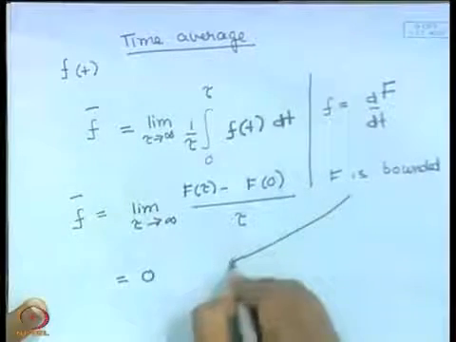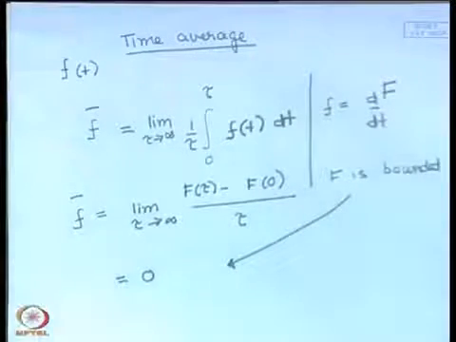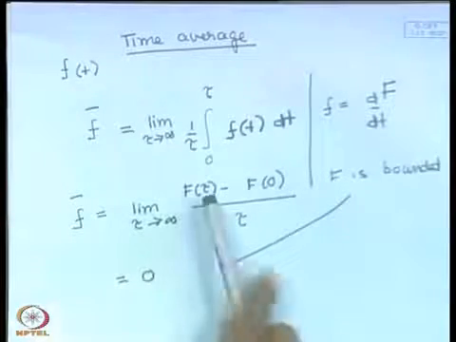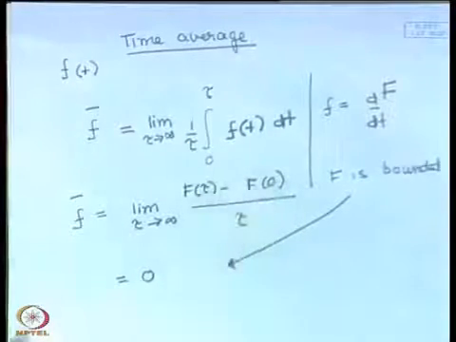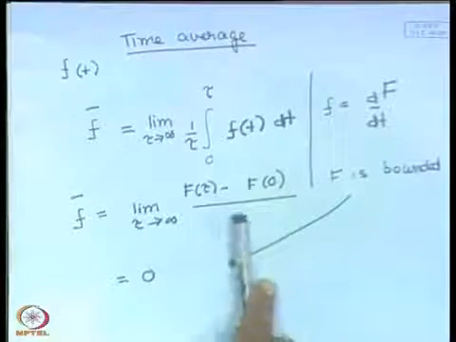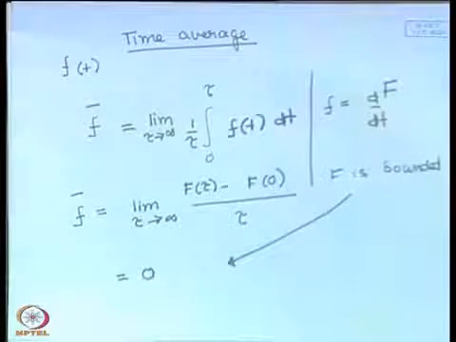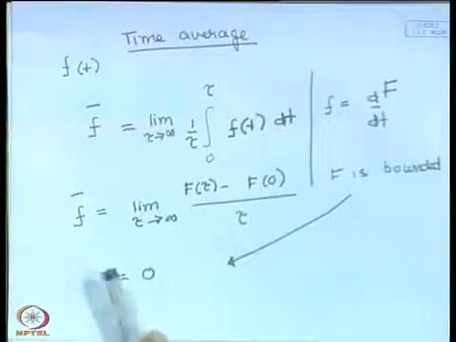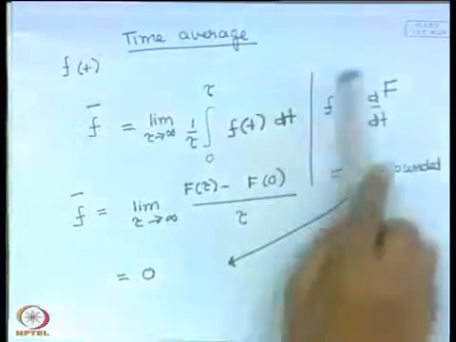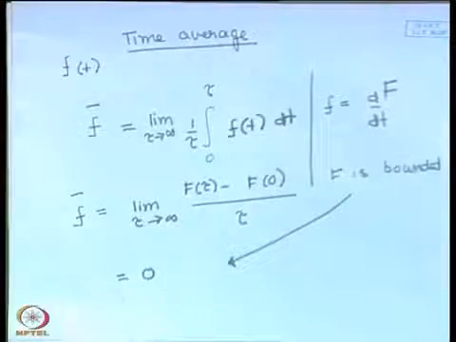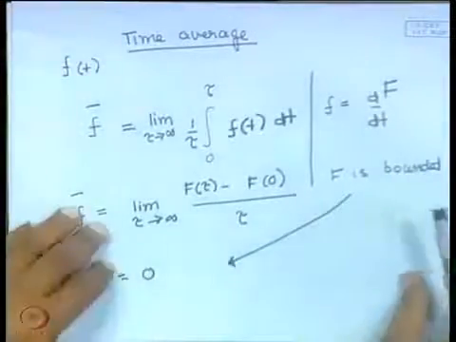If this quantity is bounded, then the limit is going to be 0, because this is a finite number, this is a finite number, and the difference is a finite number. I divide by tau and take the limit where tau goes to infinity, and it will give you 0. Okay. So the time average of any quantity which is a derivative of something that is bounded is going to be 0.